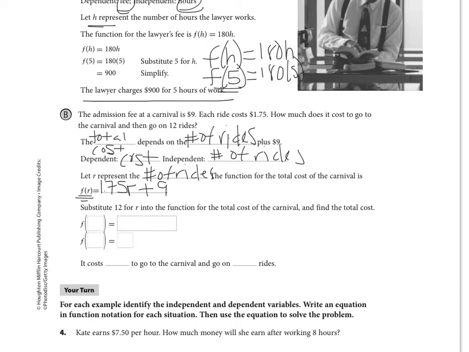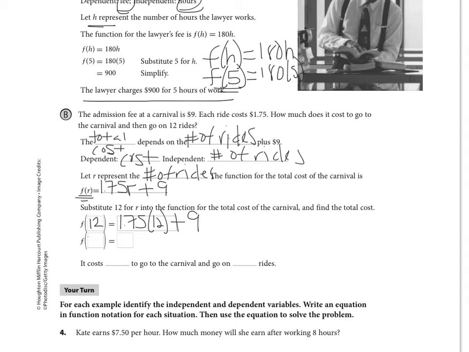The question actually says how much does it cost to go to the carnival and then go on 12 rides. So we're really looking for f of 12. Notice, if we look right here, I changed r to 12. So when I see another r in the equation, I'm going to change that r to 12. So we're going to do 1.75 times 12 plus 9.